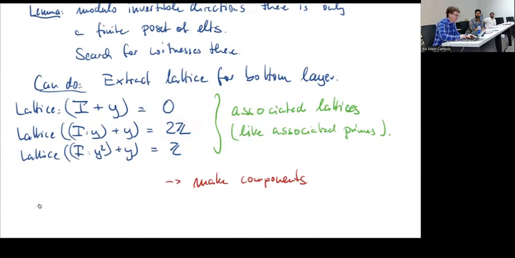Okay, let me switch to show you a bit of the binomials package. The writing is going to go away, I hope that's okay.